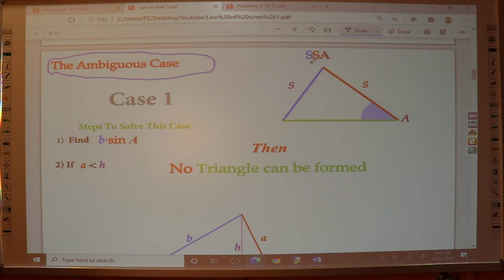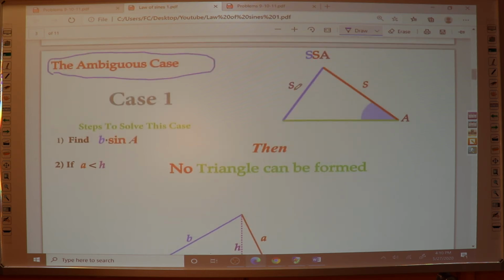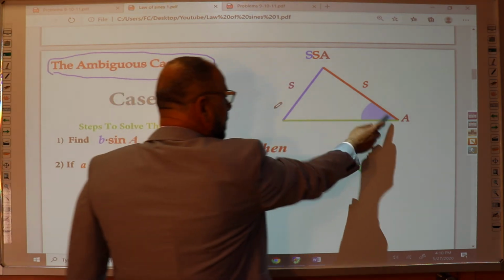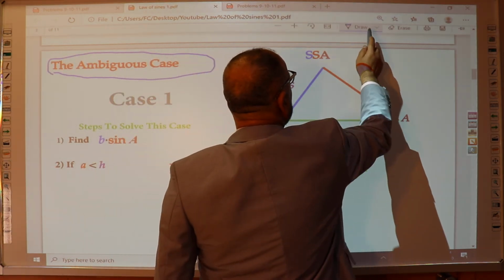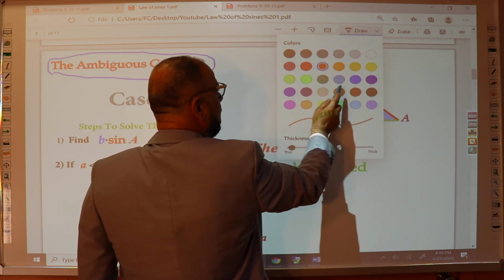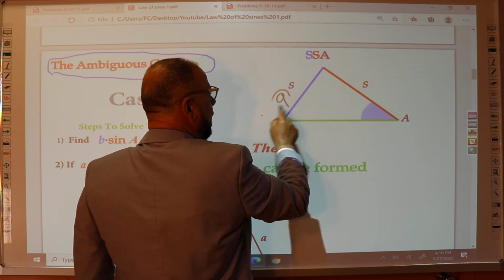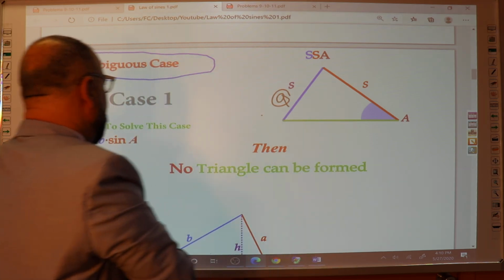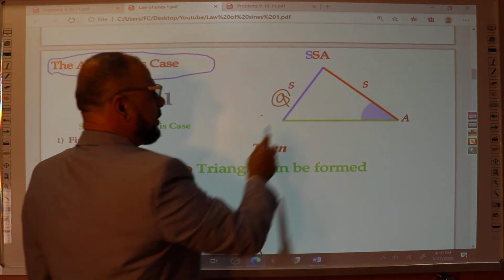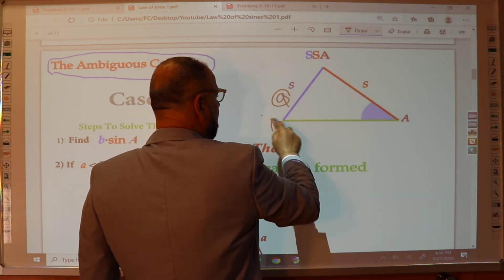When I have one angle only given, I need to decide if, look here, this A is opposite to this side A, right? And this side AB.